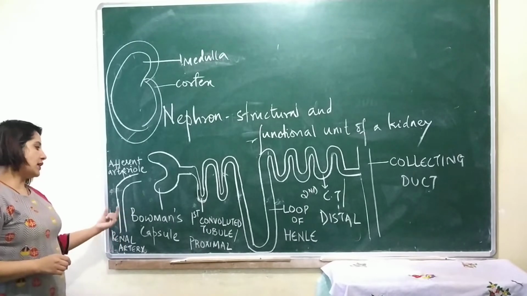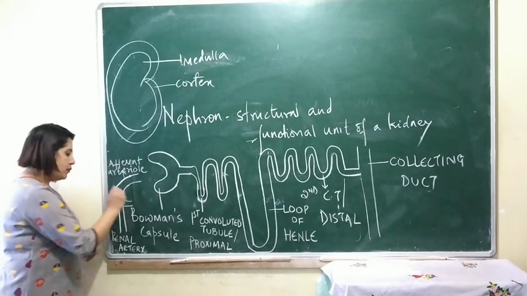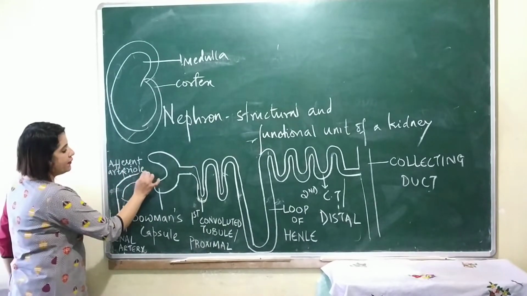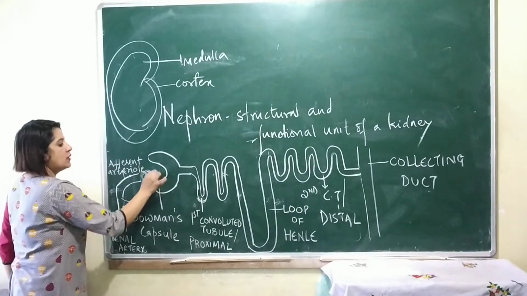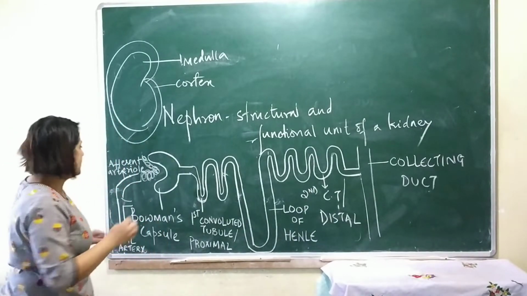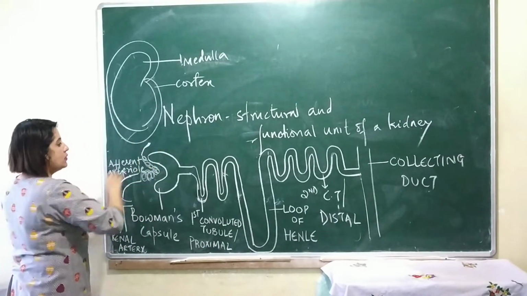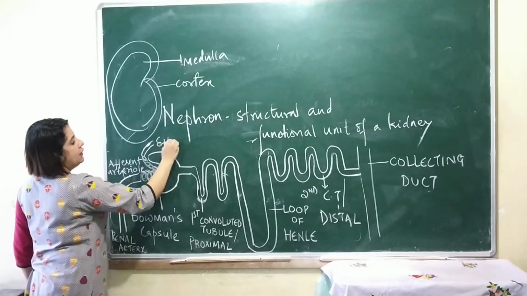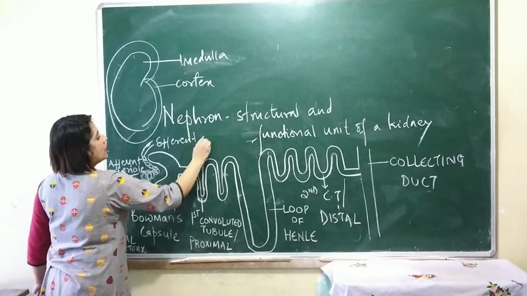This renal artery then breaks to form the afferent arteriole. This afferent arteriole then forms a ball or a coil of blood vessels and then finally comes out as the efferent arteriole.